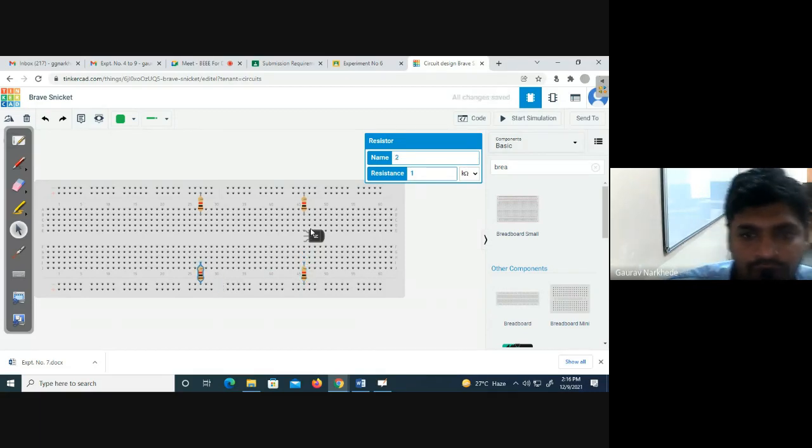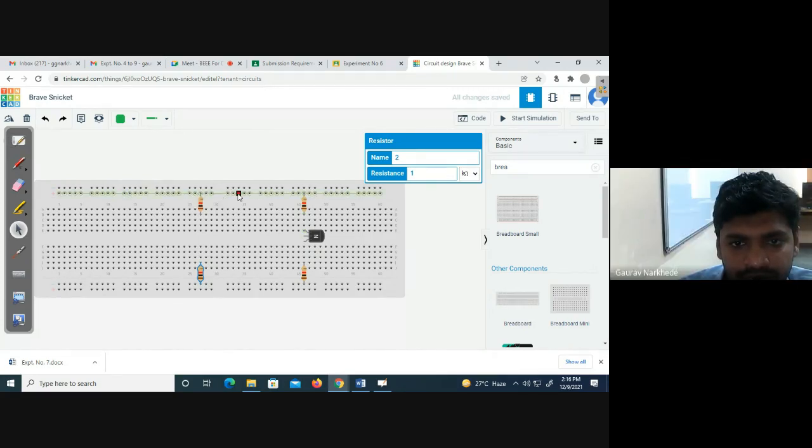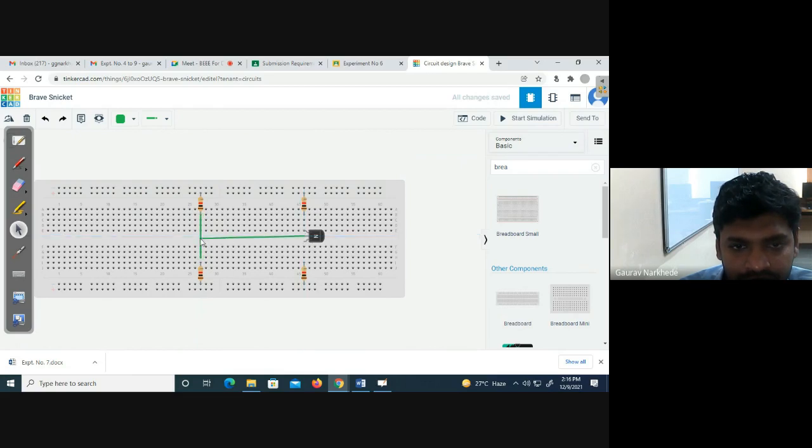Now see, this is directly connected. Is it connected? Yes. Now these are also connected. Now we need to connect this with this terminal, and this terminal with any of the terminals. So I can just connect this terminal to here.